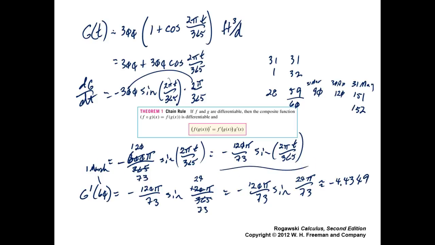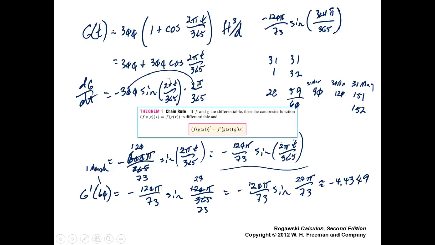So what we're going to have now is negative 120 pi over 73 times the sine of 152 times 2, because you got a 2 here and 152 there. That would be 304 pi divided by 365.